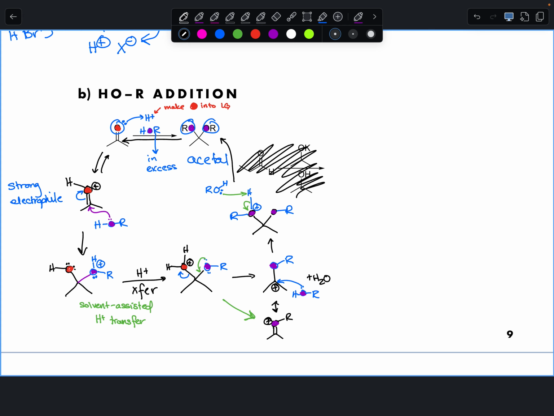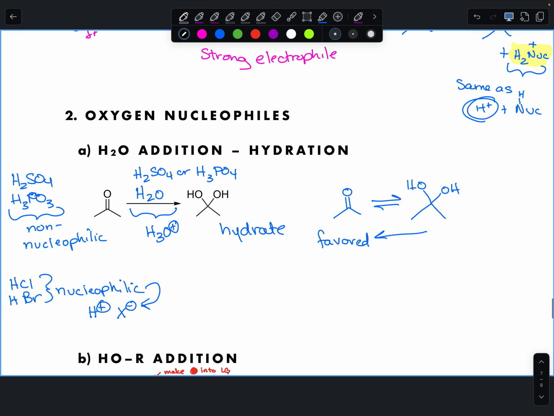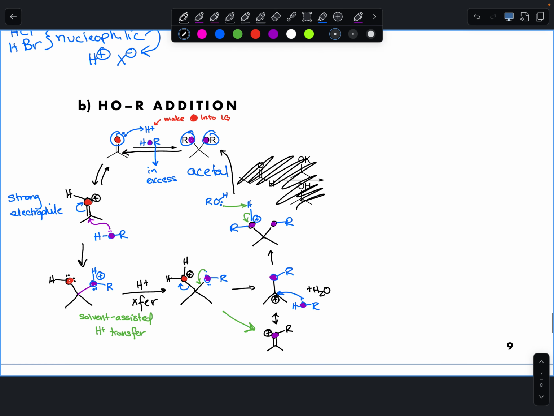And nitrogen, because it's a lot less electronegative than oxygen, is much more willing to have a positive charge reside on it. So that means the resonance form that forms here is a bit more stable than with the oxygen.